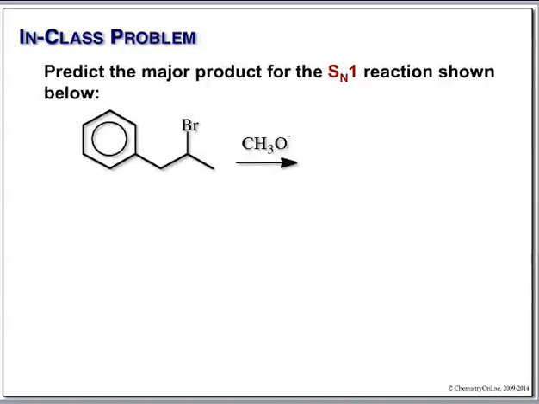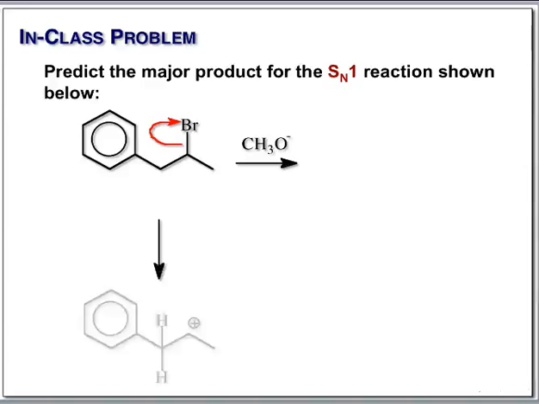On the exam, just like here, I would clearly tell you that we're doing an Sn1 reaction. Bromine's going to leave, and we're going to get the intermediate secondary carbocation.